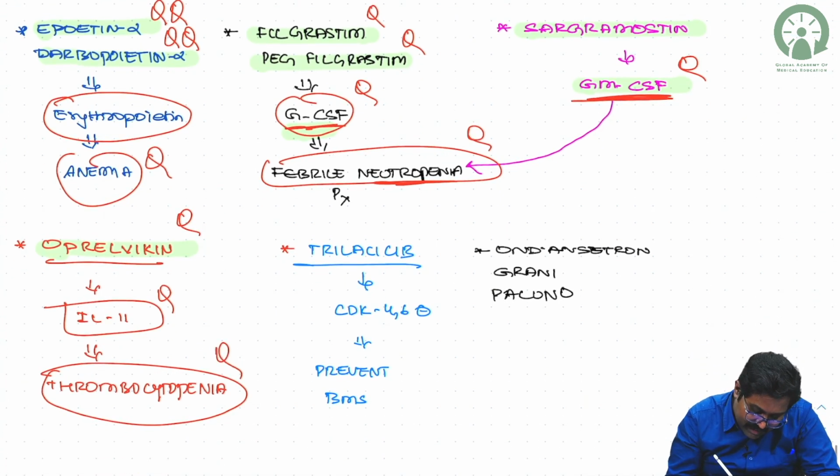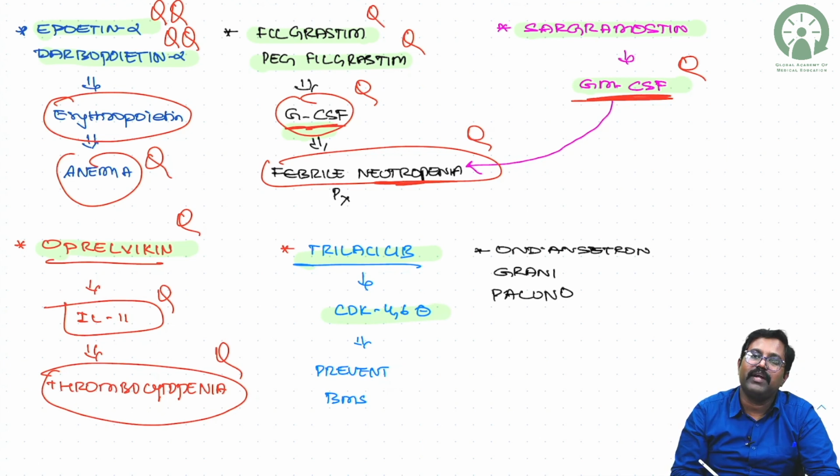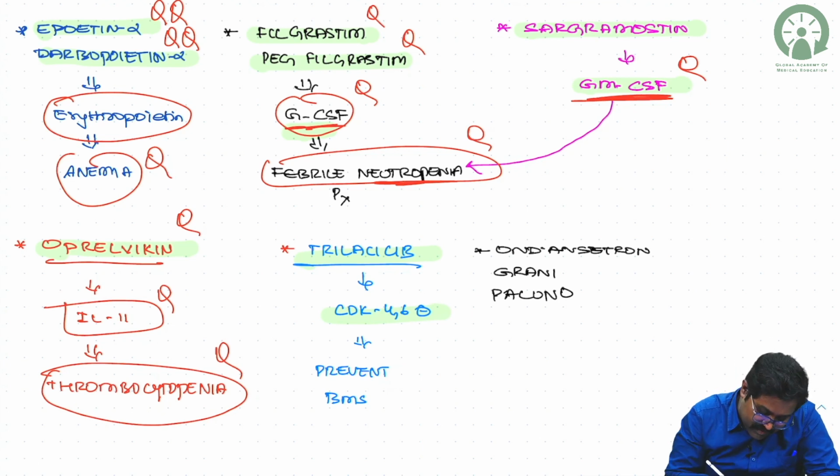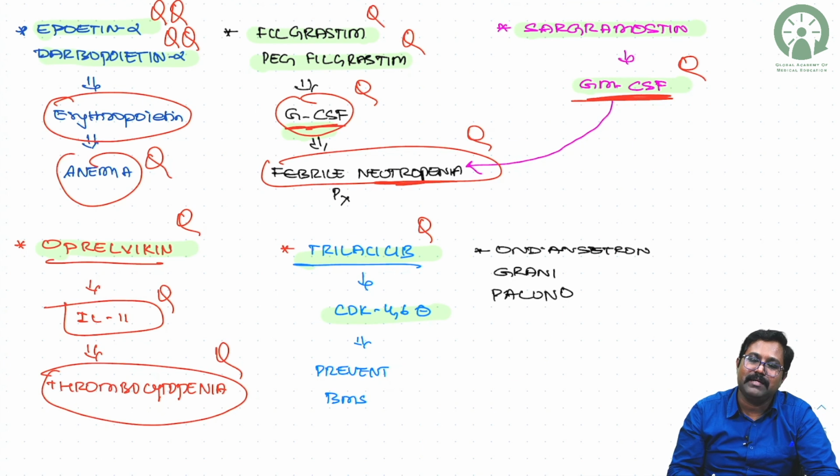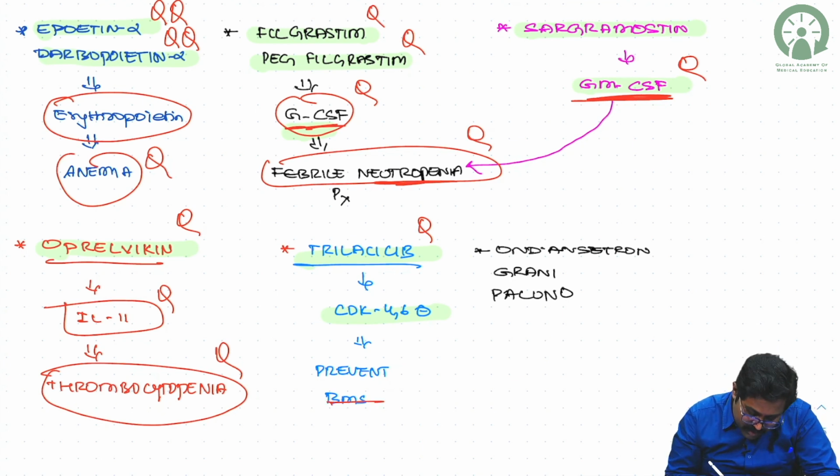Next we have trilaciclib, which is a CDK4 and 6 inhibitor. Please remember, again it is very important, trilaciclib is a CDK4 and 6 inhibitor used to prevent bone marrow suppression.